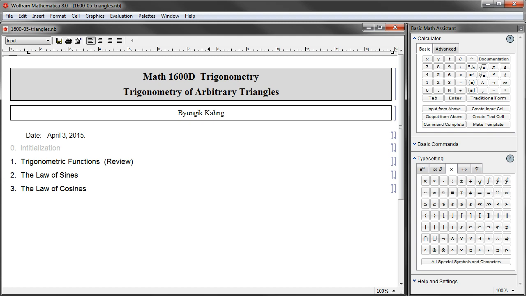In 6.1, we studied the angle and measurement, especially we talked about radian measure. And in 6.2, we studied trigonometric ratios of acute angles. Consequently, we could inscribe those inside a right triangle, and then we did some geometry of right triangles there.